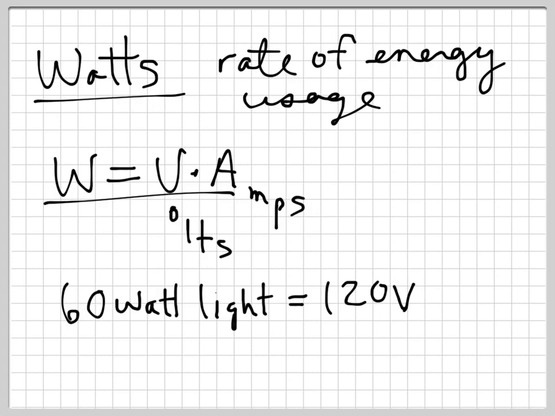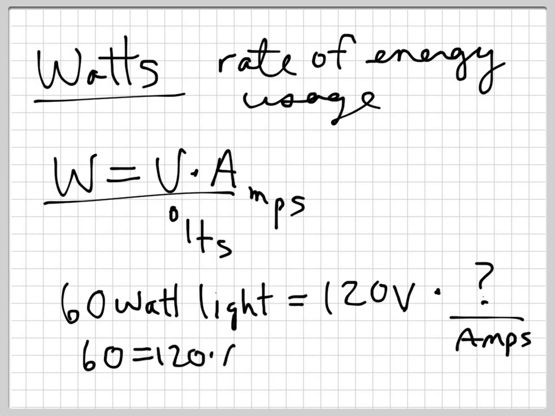We're going to say the house current is 120 volts for this problem, and I'm going to ask how many amps is that light bulb using. So we have a 60-watt light bulb running on house current, 120 volts. How many amps? Well, we're just going to use algebra to solve this. We have 60 equals 120 times A.